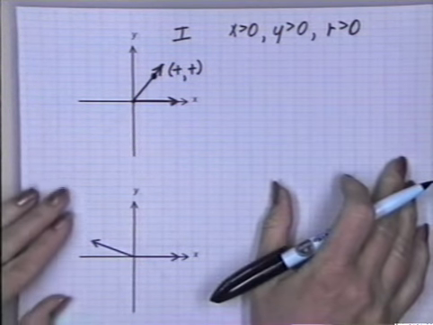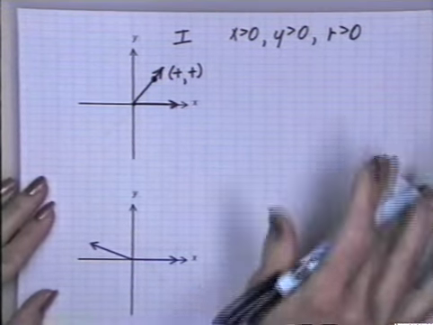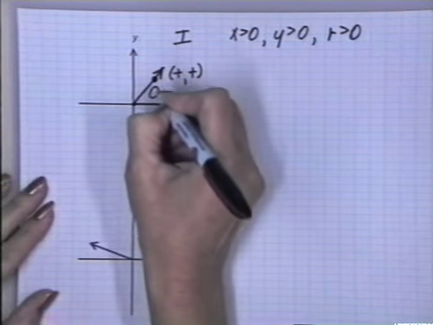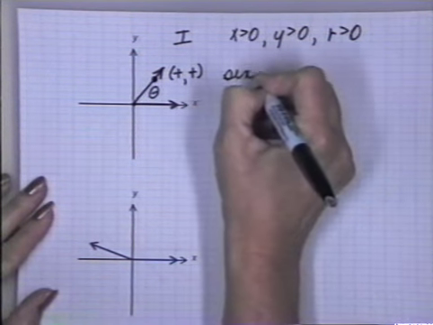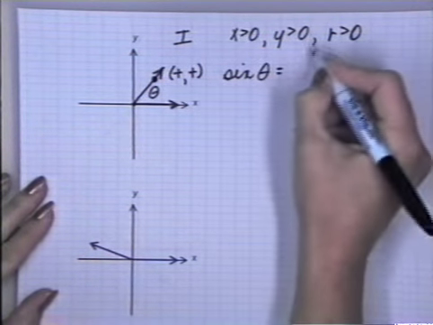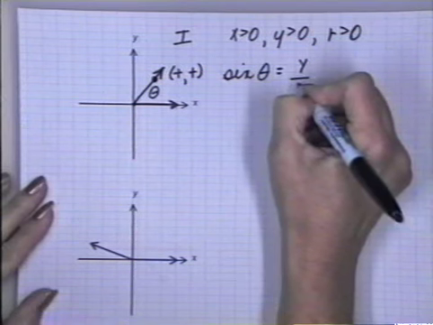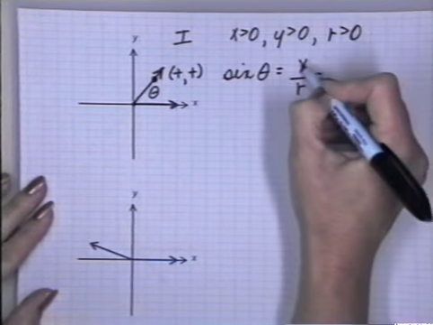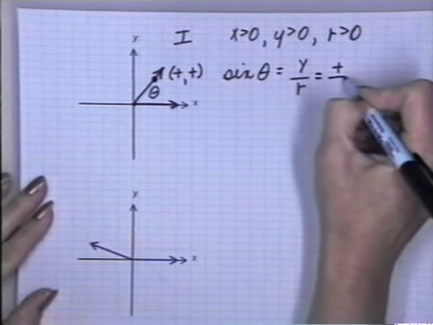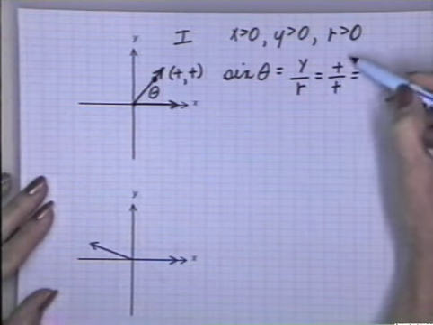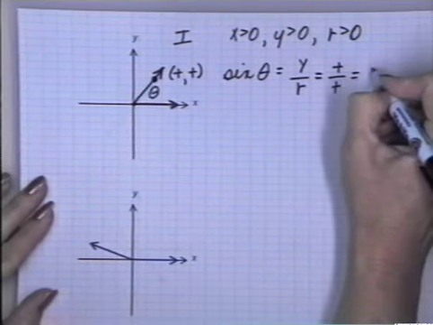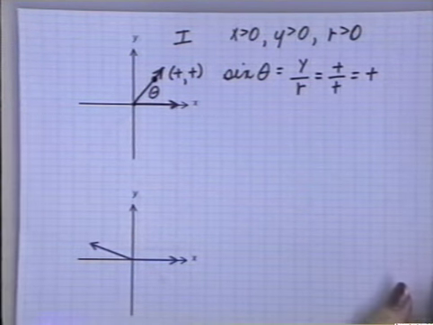So for this first quadrant angle, which I will just call theta, if I find the sine of theta, that will be y divided by r. Y is a positive number, r is a positive number. When I divide a positive number by a positive number, I will get a positive number.